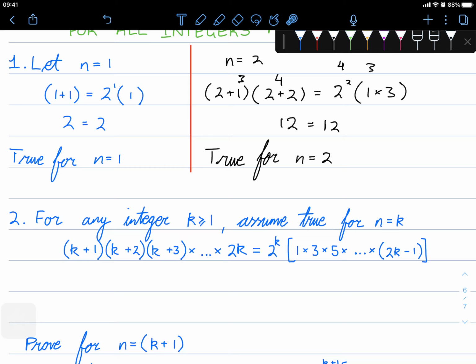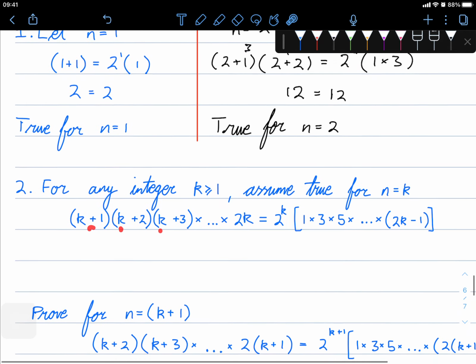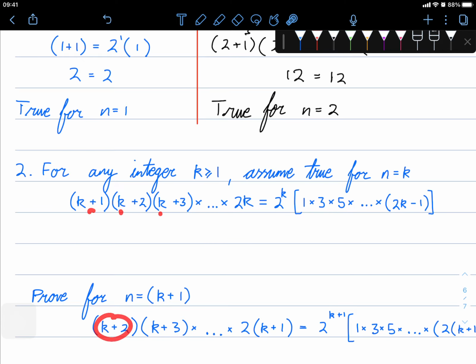But now look very carefully when we substitute it. If we substitute k plus 1 here, this group will become k plus 2. If we substitute k plus 1 here, we get k plus 1 plus 2. It'll become k plus 3. If we continue that pattern, it becomes k plus 2, k plus 3, k plus 4, and so on, all the way up until 2 times k plus 1.